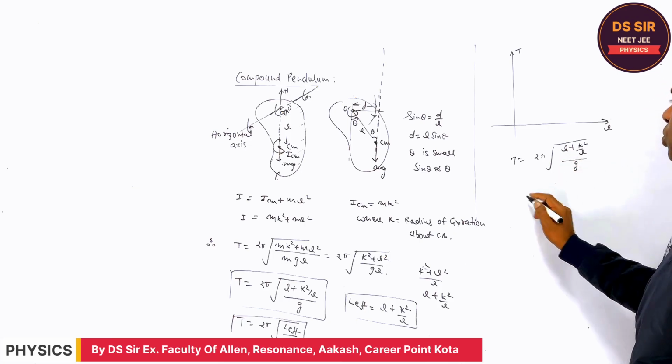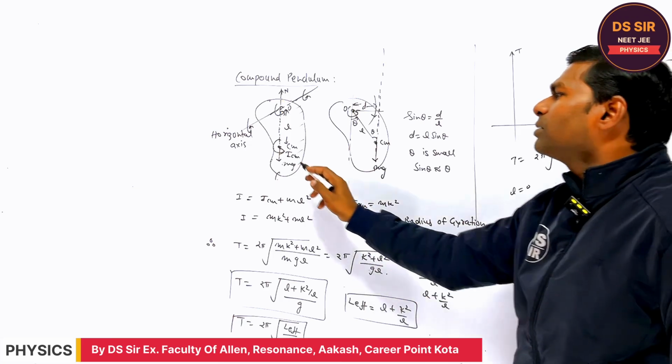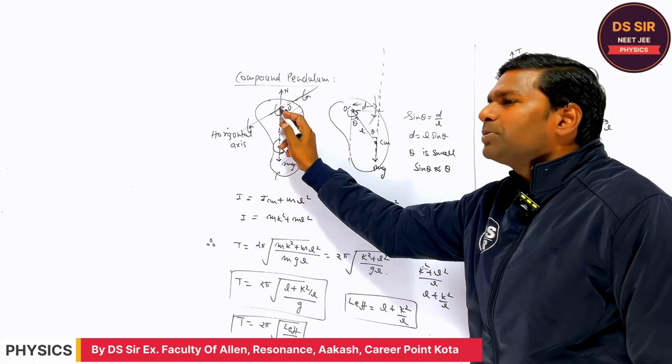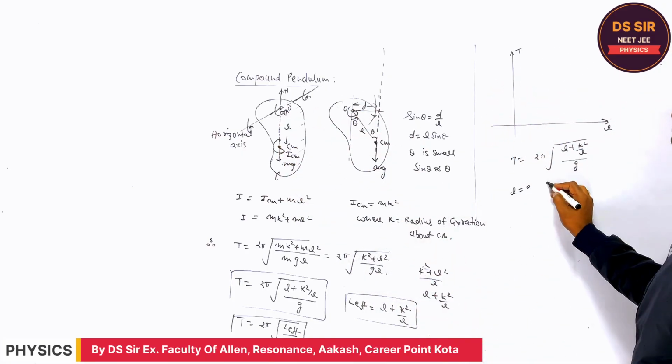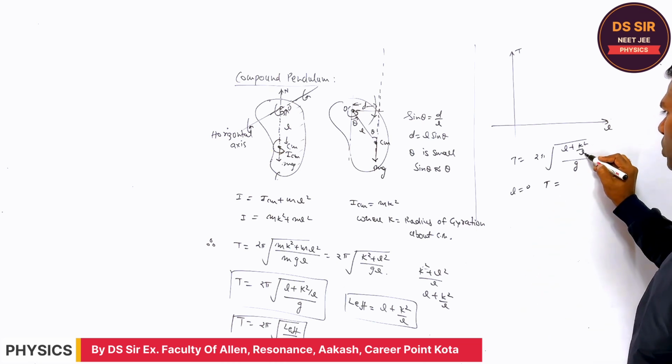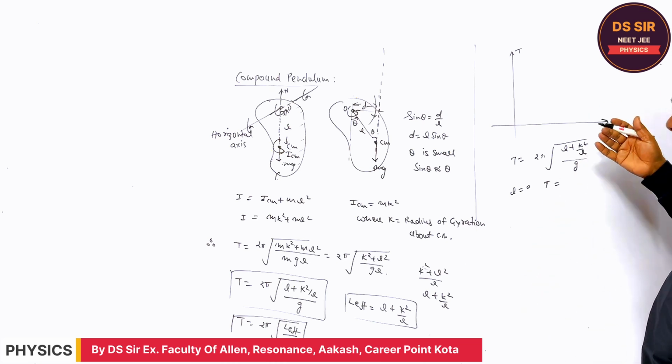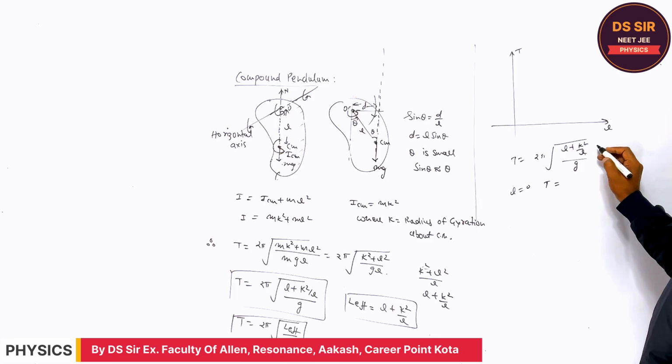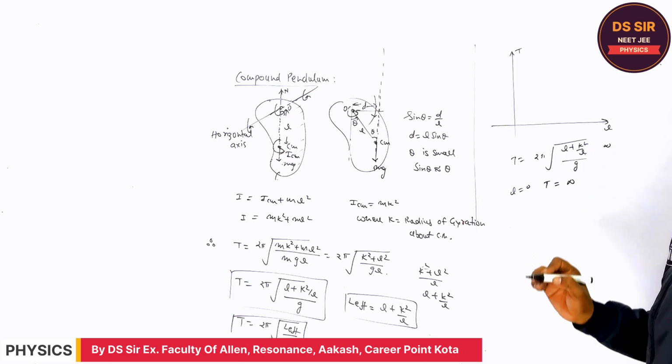If the length is 0, meaning the center of mass is at the point of suspension, what will be the time period? You can tell: k square upon 0, that is 1 upon 0, becomes infinity. So the time period is infinity.